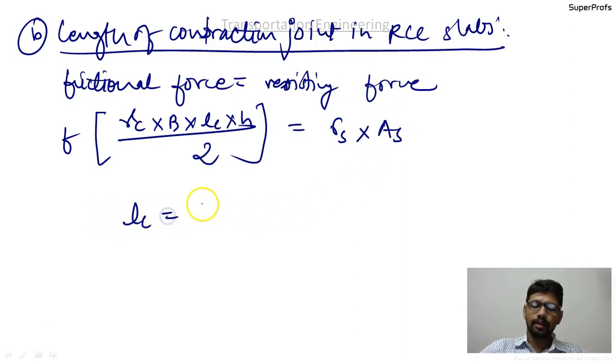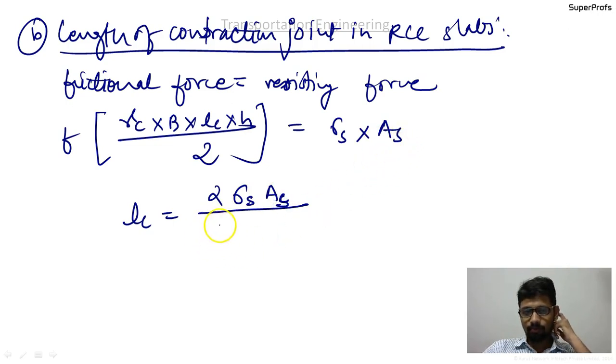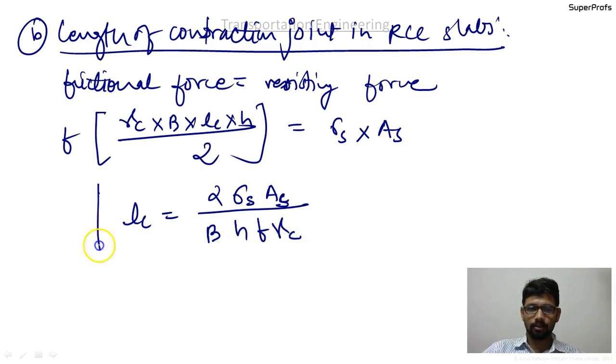LC will be given as 2 into sigma suffix s into area of cross section of steel upon b into h into f into gamma c.